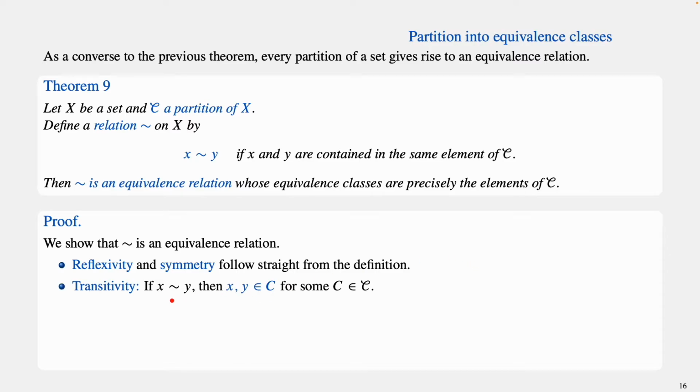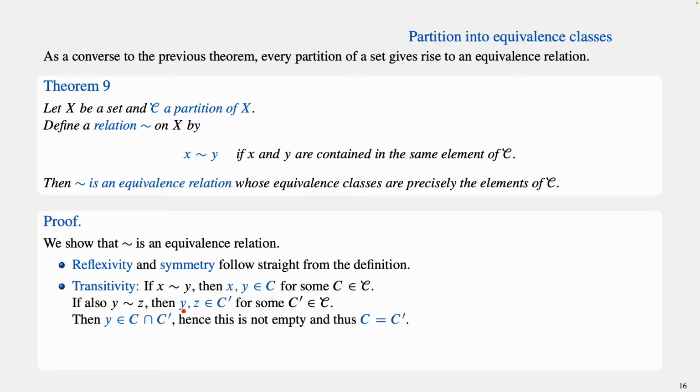For transitivity, assume that x and y are related in this way. So this means there is some subset of x, C, which is contained in the partition curly C, and x and y are both contained in this subset C. Now if also y is related to z, then this means that there's some subset C prime in the partition C, such that y and z are contained in C prime.